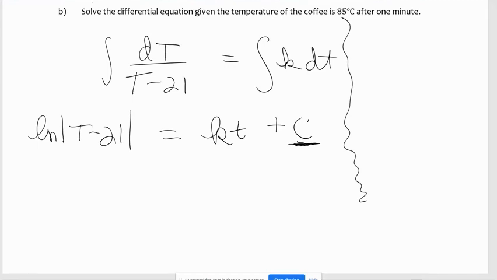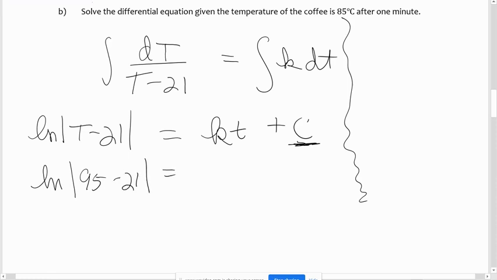All right, so we'll go natural log, absolute value of 95 minus 21 equals k times t, which, our initial time is 0, plus c. Okay, so the natural log of 74, I can drop the absolute value, equals c.